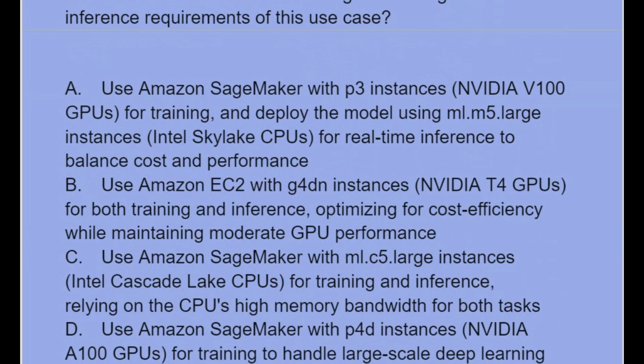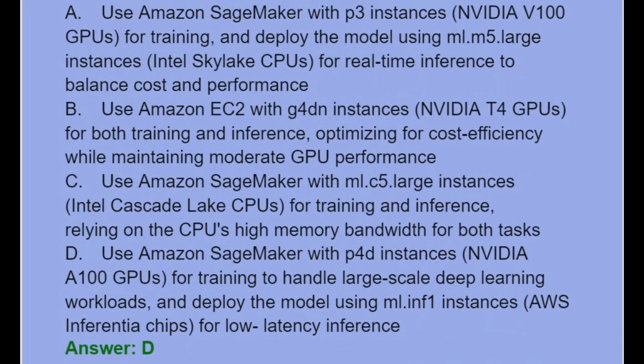Option A, use Amazon SageMaker with P3 instances, NVIDIA V100 GPUs, for training and deploy the model using ml.m5.large instances, that is Intel Skylake CPUs, for real-time inference to balance cost and performance. Option B, use Amazon EC2 with G4dn instances, NVIDIA T4 GPUs, for both training and inference, optimizing for cost efficiency while maintaining moderate GPU performance.